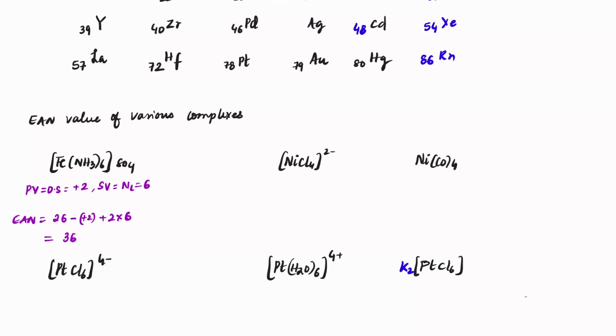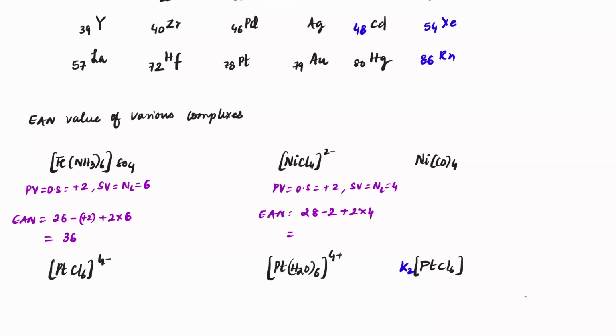Next case, NiCl4 2-. Primary valency, or oxidation state, in this case is +2. Secondary valency, or number of ligands, in this case is only 4. So EAN value will be equal to nickel, which is 28, minus the oxidation state 2, plus 2 times the number of secondary valencies, which is 4.